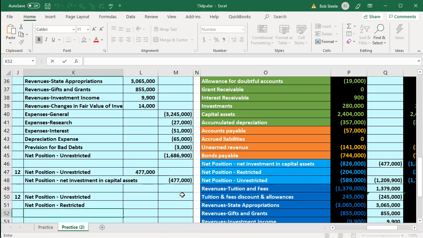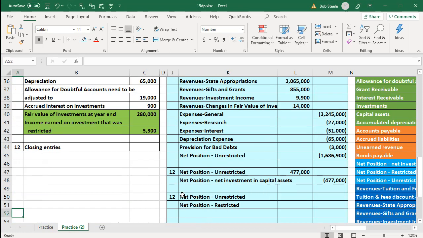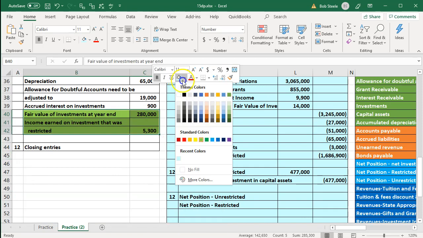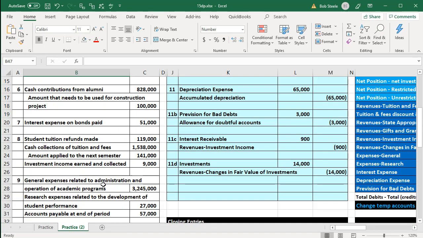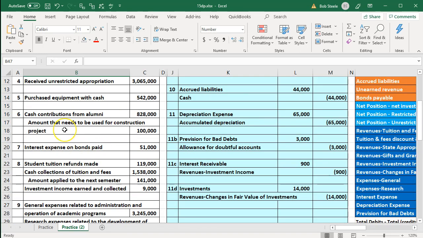For that, we're going to go back to the data up top. I'm going to ungreen this one, and let's go through the data. I think in number 6 we had this amount here. You'll recall cash contributions from alumni, an amount that needs to be used for a construction project. Well, that's a restriction.